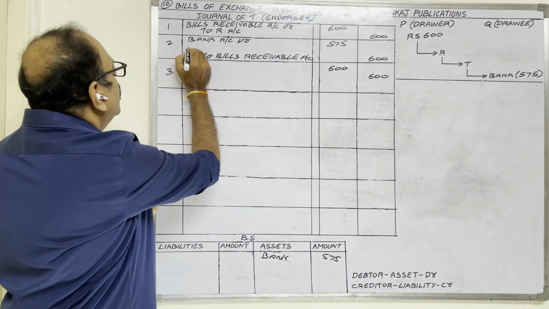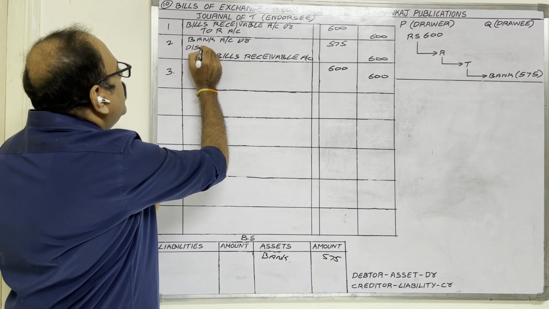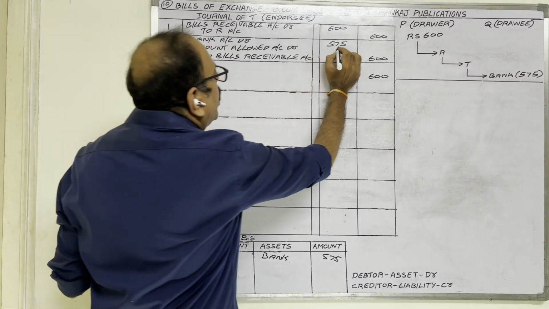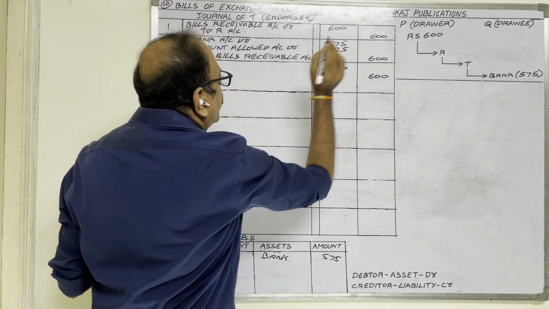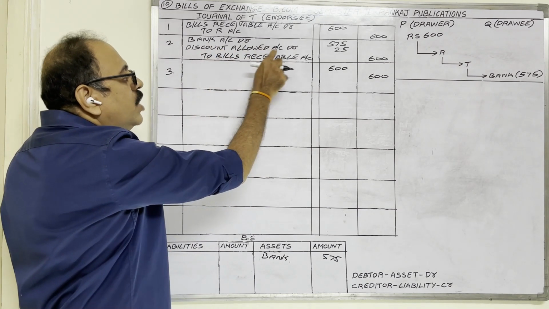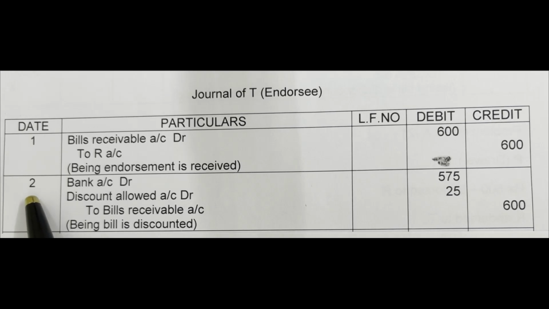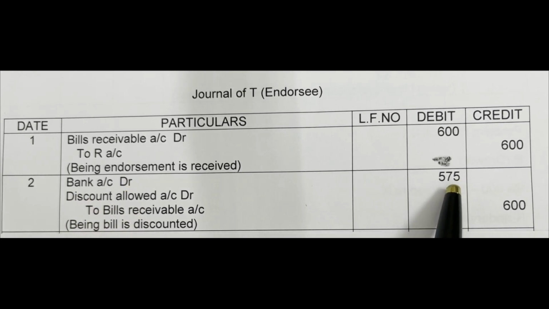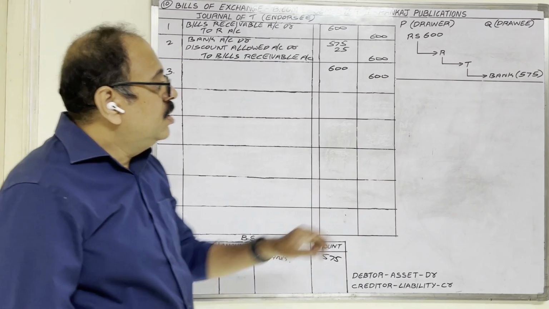Discount allowed loss we have to debit. Discount allowed account debtor, in debit column, discount amount 25 rupees. Instead of debiting discount allowed, you can debit discount account. Both are correct. Second entry, bank account debtor 575, discount allowed account debtor 25, to bills receivable account 600. Being bill is discounted.